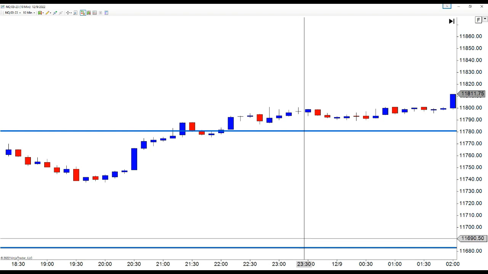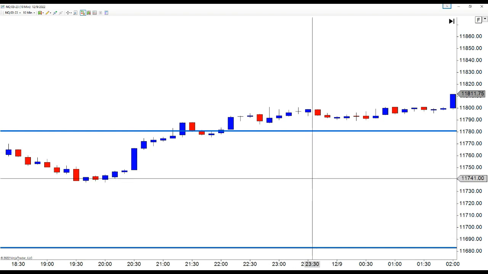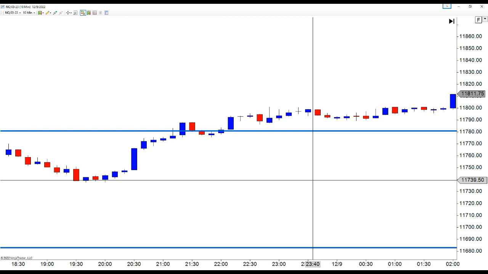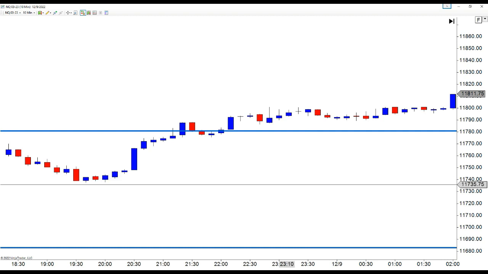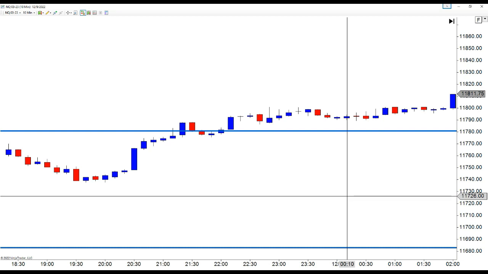So if we were to pick a halfway point, it will be somewhere around 730. A halfway point between 781 and 683 is around 730. So maybe you can draw a dash line at the halfway point of 730.